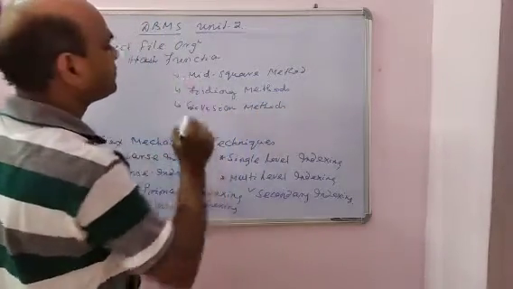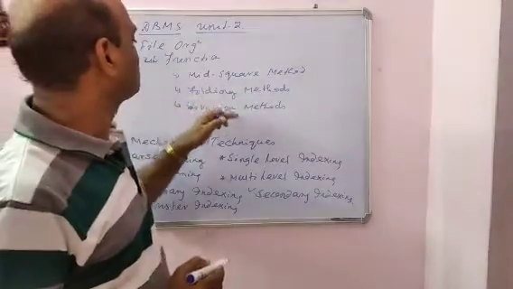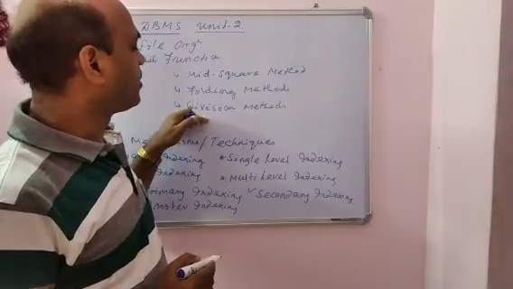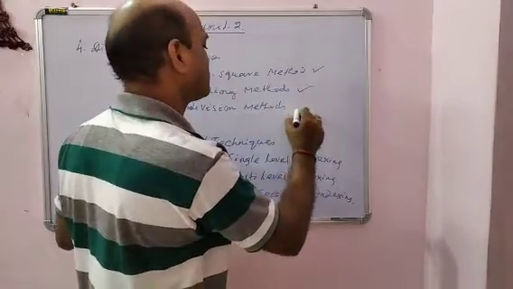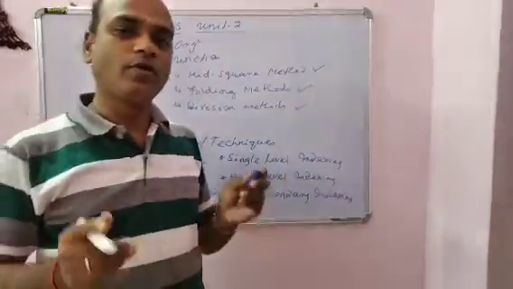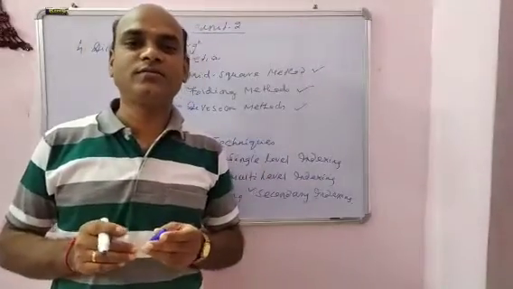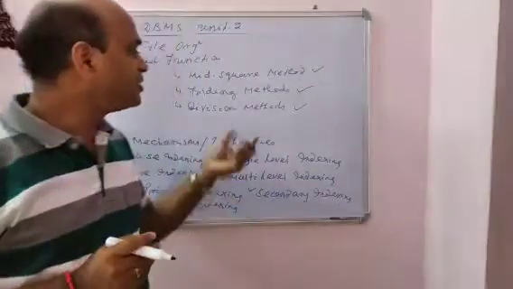So these three types of hash functions we have learned: the mid-square method, folding method, and division method. So follow all my video classes, and I think you can easily understand.